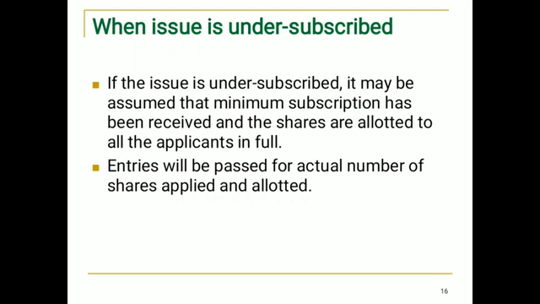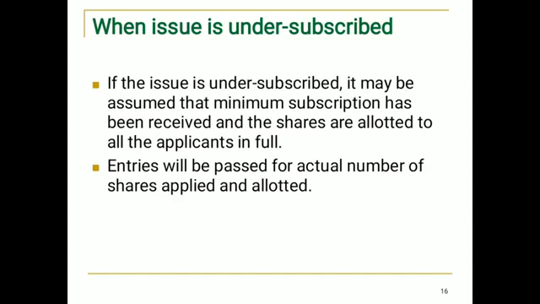Now consider the same example in a different way. A company has issued 30,000 shares and has received applications only for 25,000. Then this is the case of under subscription. If the issue is undersubscribed, it may be assumed that minimum subscription has been received and the shares are allotted to all the applicants in full.